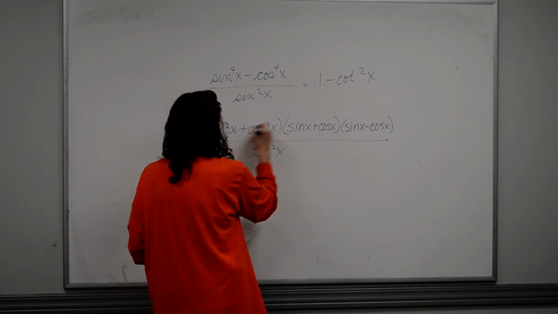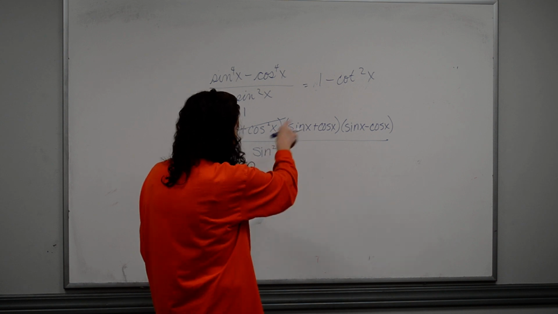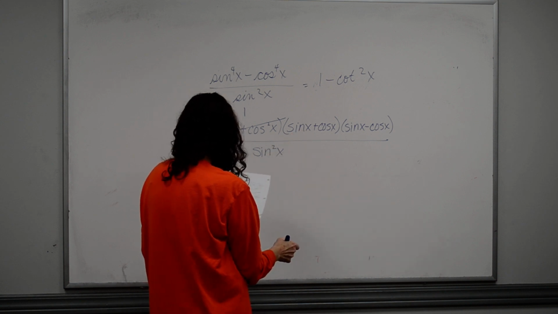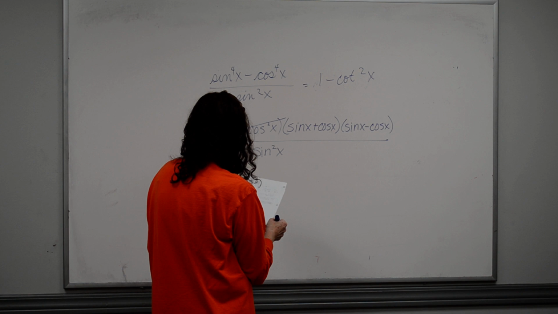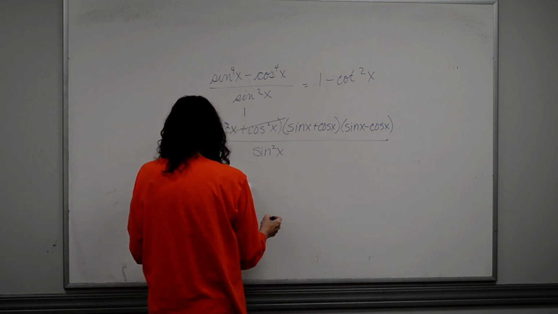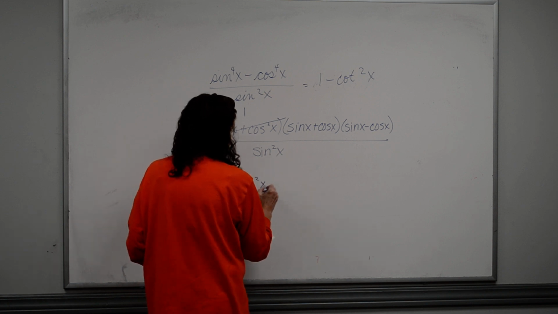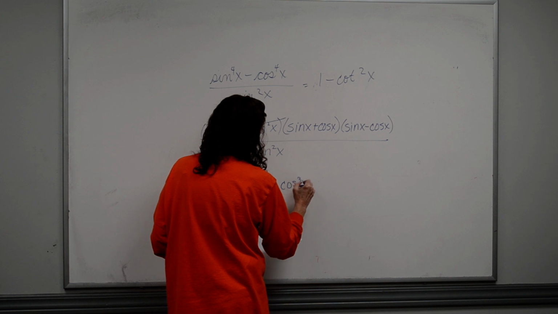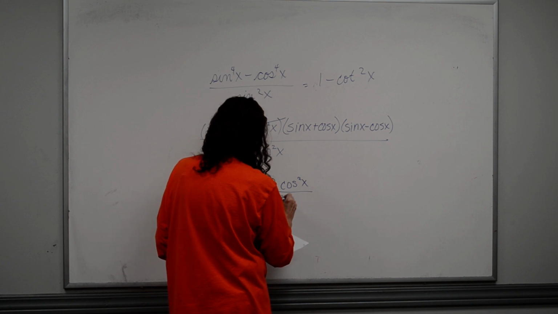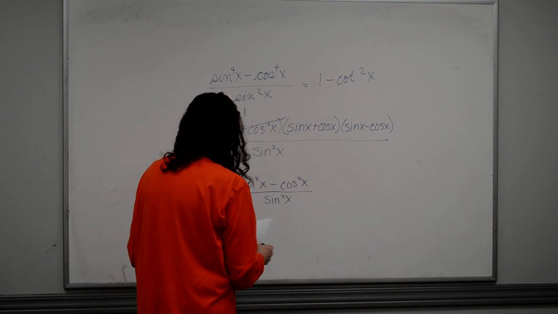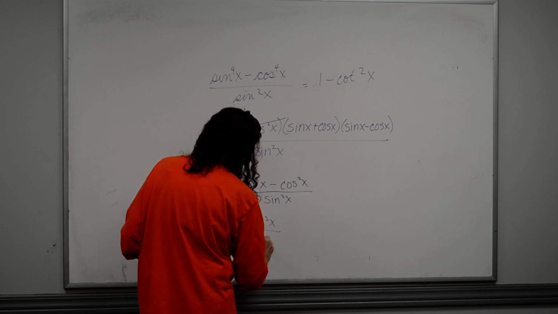If you continue to work this out, this is equal to 1, you know that, so that goes away. Actually I don't have to multiply those out. If I leave it as sine squared x minus cosine squared x over the sine squared x, I have that over that, so I have sine squared x over sine squared x.